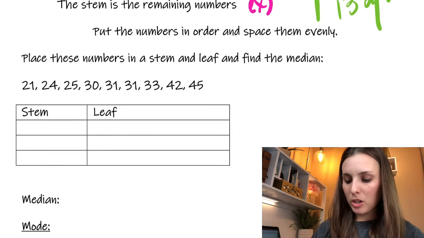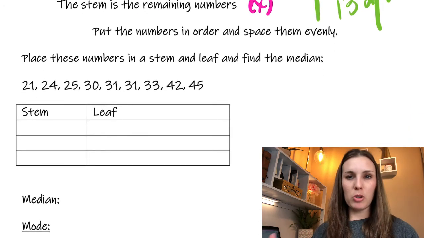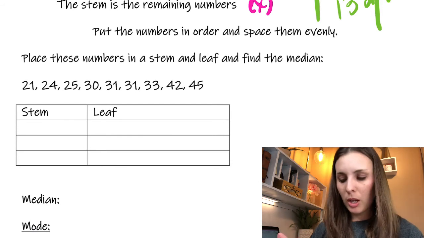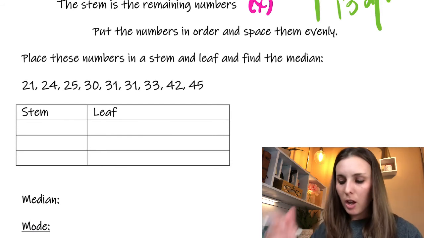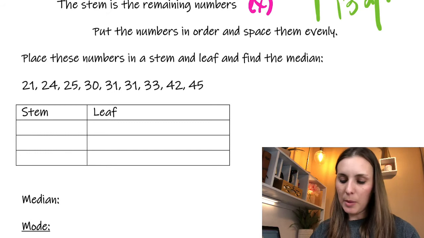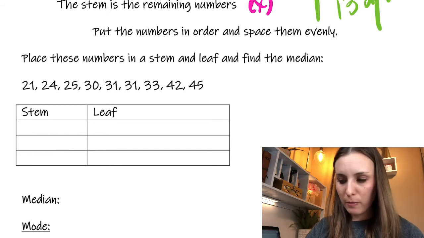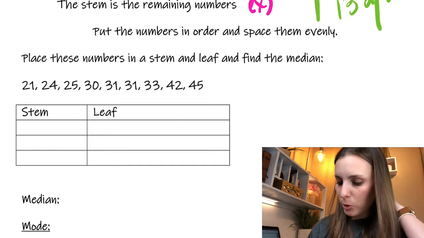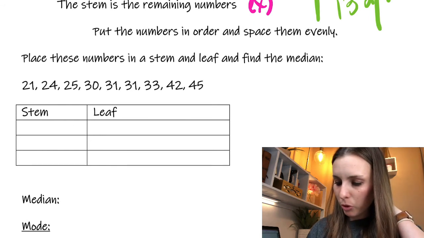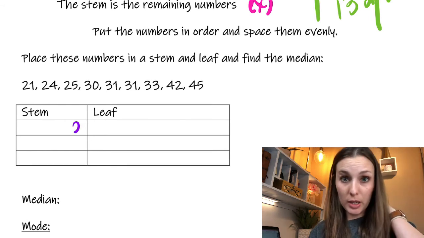In this example, I just have two-digit numbers, so it's pretty easy to do. One is the stem, one is the leaf. And you'll notice that in my table, I only have 3 rows. The 3 rows come from the 20s, they're in order, that's really nice, 30s and 40s.